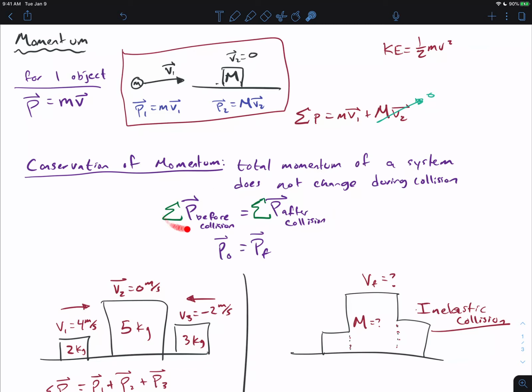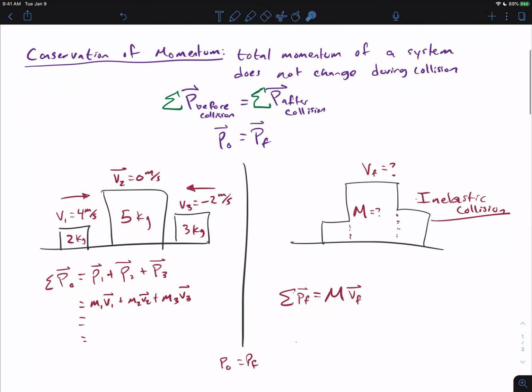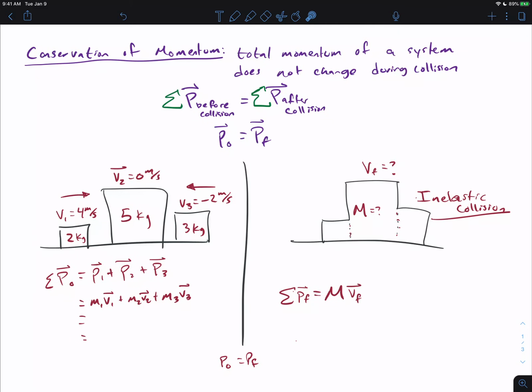That means whatever my total momentum was before the collision and my total momentum after the collision, these two need to be equal, very similar to my energy, where I had something flying through the air and my total energy had to stay constant. With a collision, my energy doesn't necessarily stay constant, but my momentum does stay constant, which is really good. So let's see this in action with an example.